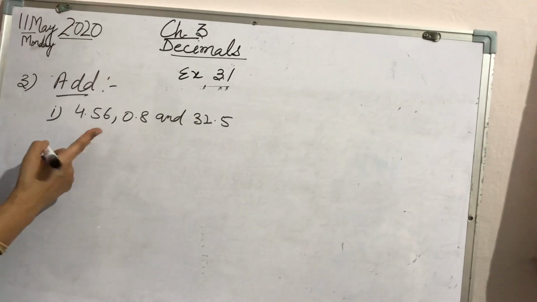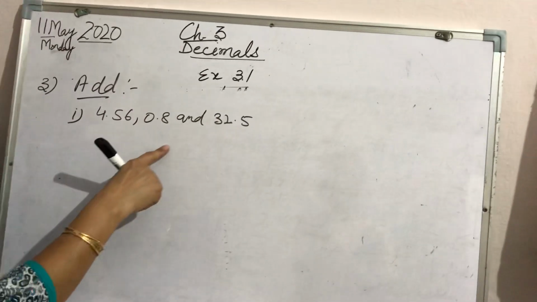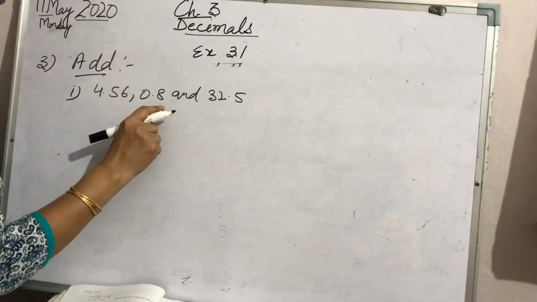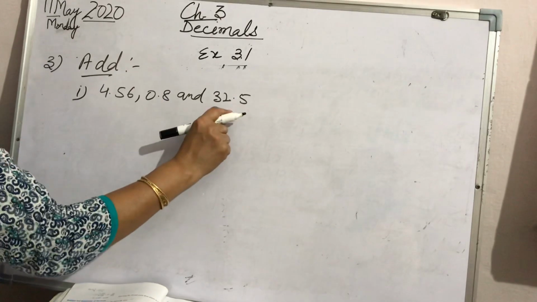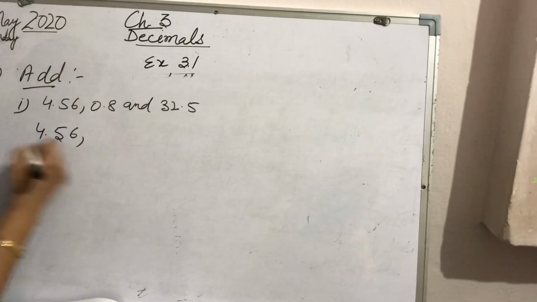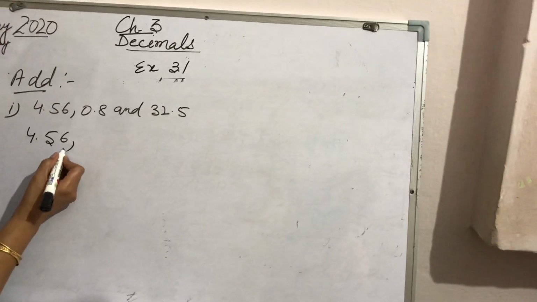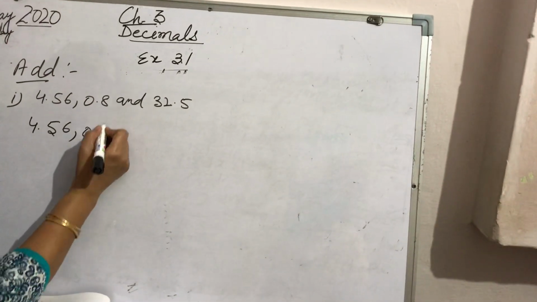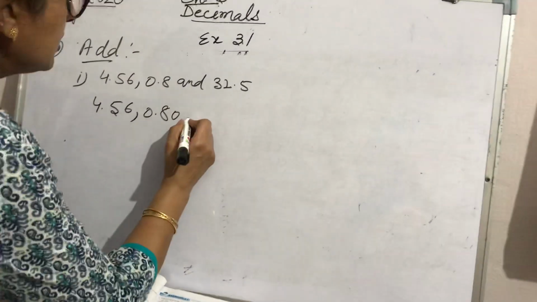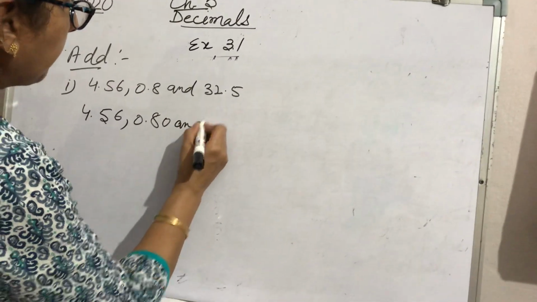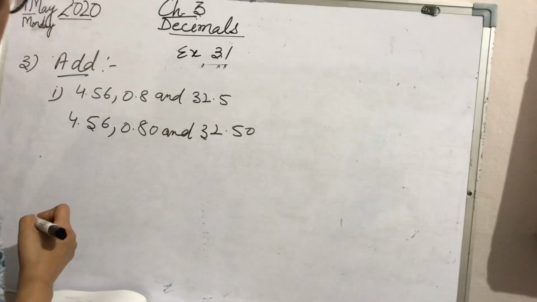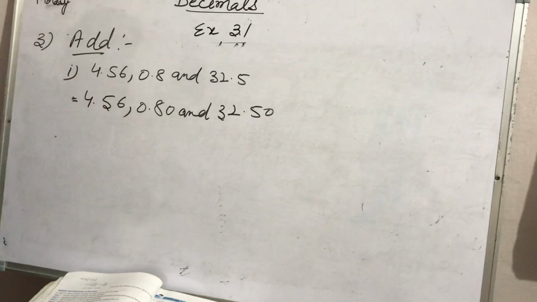So find out the maximum number of digits in the decimal part. There are 2 maximum digits, so there should be 2 digits in each term. First of all, convert into like decimals. Here only 1 digit, so we use 0 to make it like decimal, 32.50. Now we'll add them.